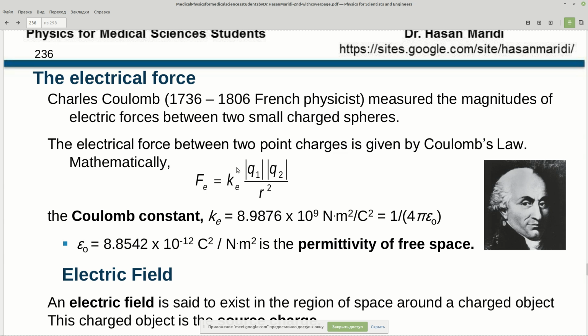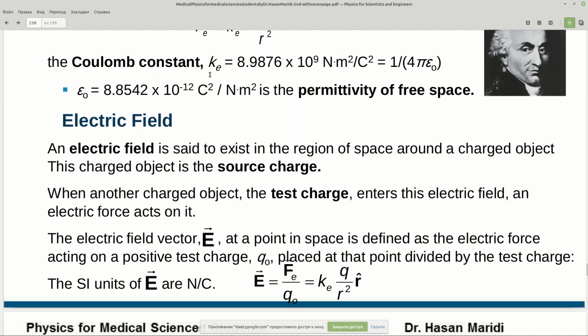The electric field vector E at a point in space is the electric force acting on a positive test charge placed at that point divided by the test charge. The units of the electric field vector are Newton per Coulomb.